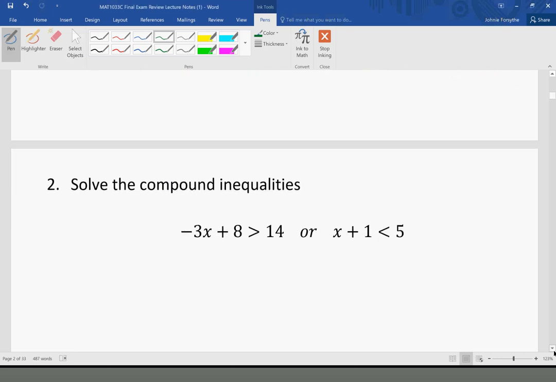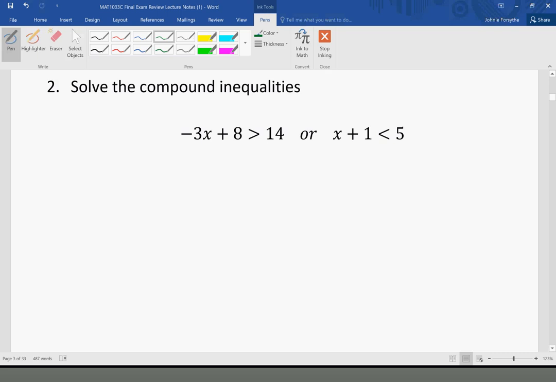Okay, number 2, solve the compound inequalities. We're going to solve them each individually. We'll start with negative 3x plus 8 is greater than 14. We start by subtracting 8 on both sides. I bring down my negative 3x, which is greater than 14 minus 8 is 6.